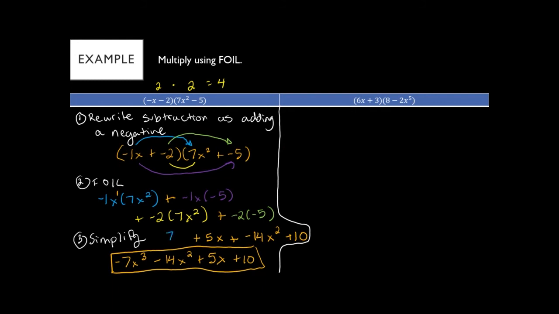So instead of writing the -7x cubed in the orange, I could write it in the colors that I multiplied together. So you could use color coding to help you keep track of things and make it easier to check your work so you're not getting lost in all of your stuff.